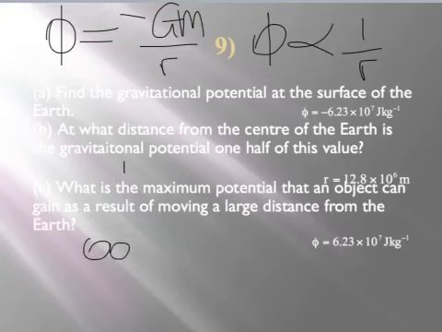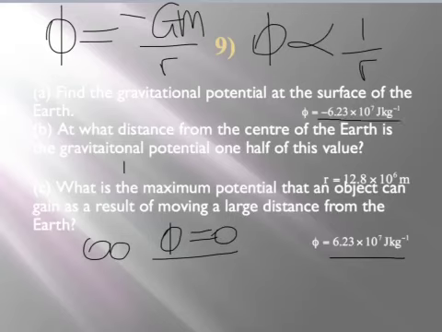And since at infinity the potential is zero by definition, then the greatest amount of potential we can gain is in fact the amount required to get to zero, which would be 6.23 by 10 to the 7 joules per kilogram. Since at the surface of the Earth we have negative 6.23, we need to gain that much in order to get to a potential of zero at infinity.